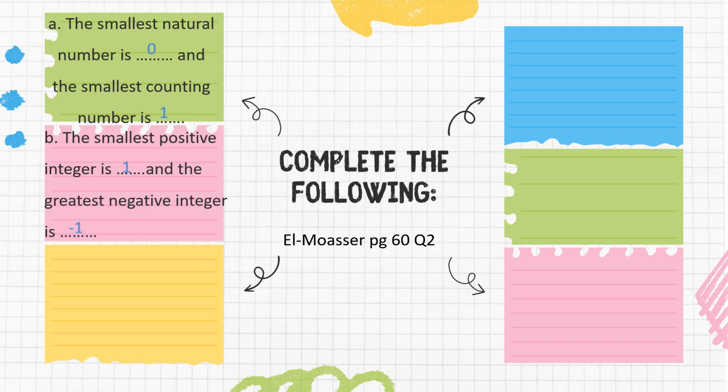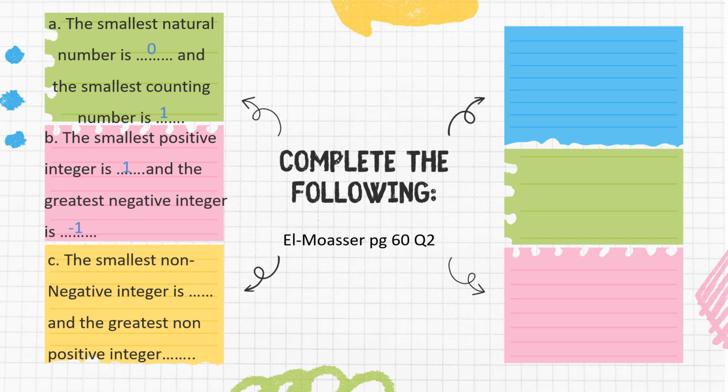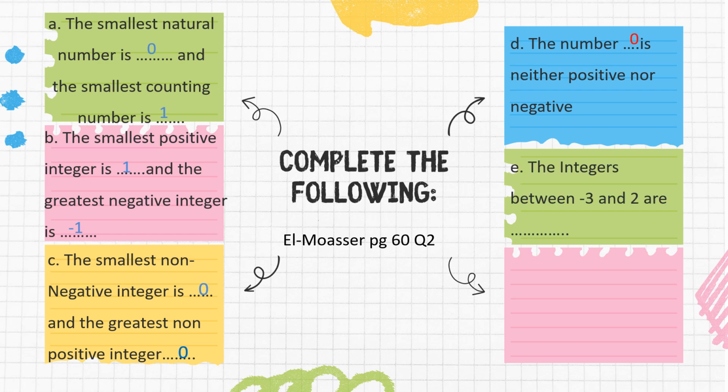Excellent. Okay, next. The smallest non-negative integer is 0. Excellent. And the greatest non-positive is what? Excellent. 0 also. Okay. The number that is neither positive nor negative is what? 0. Excellent. Next.